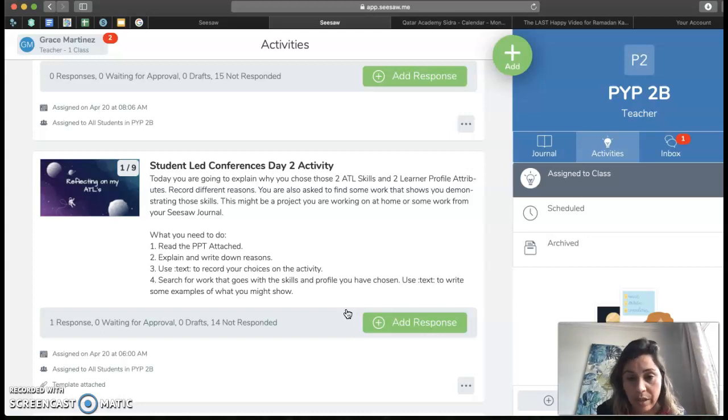This might be a project you're working on at home, or some work from your Seesaw journal. It doesn't have to be something related to inventions. If you just check your Seesaw from the beginning of the year, you're going to find lots of activities we have done together. Or maybe you can post something you have been working at home during this remote learning experience. So this is what you need to do.